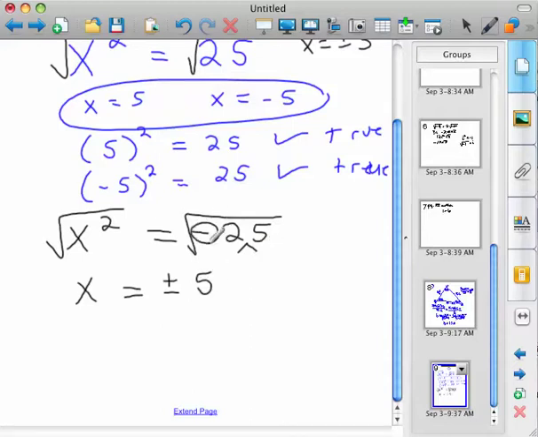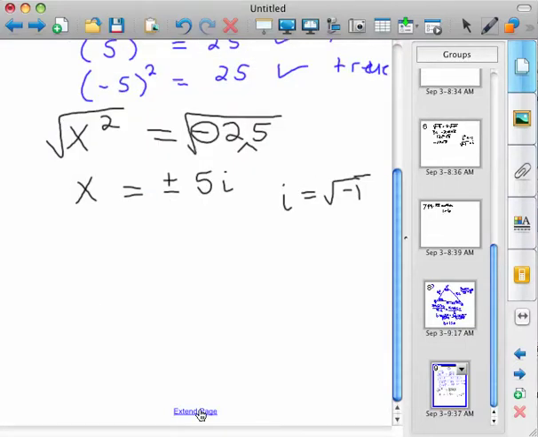This negative part is an i. That's the imaginary part. Okay? And I just simply define i as the square root of negative 1. So you take the negative out separately. And then you can verify that this works.